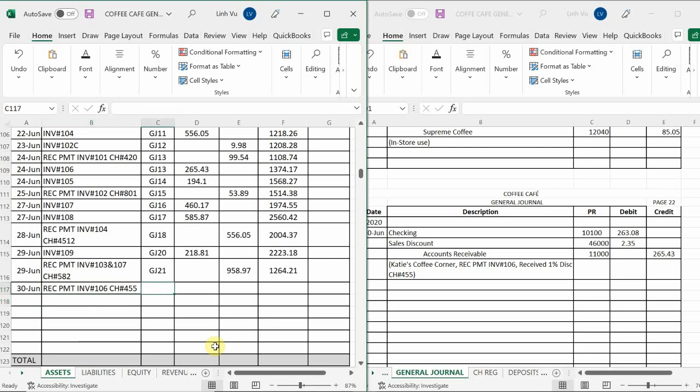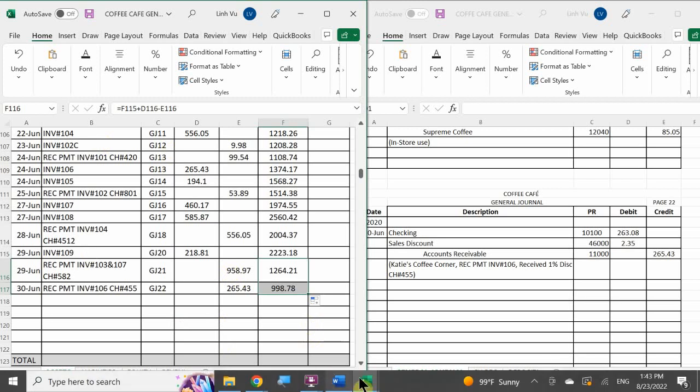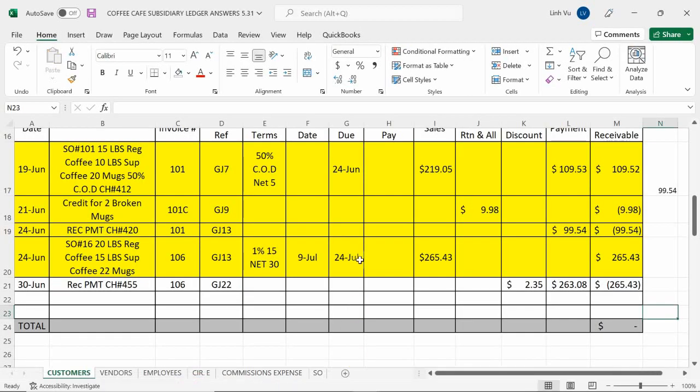Hmm. And it's 265.43. And now the balance is down to 998.78. Okay. And we already completed the subsidiary ledger, right? We already recorded the payment for Katie, and we recorded that. Boom.